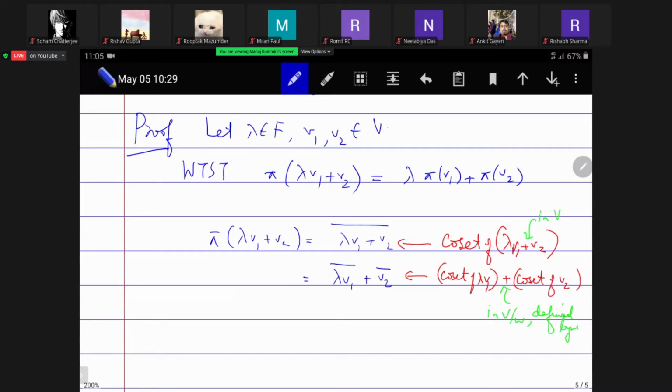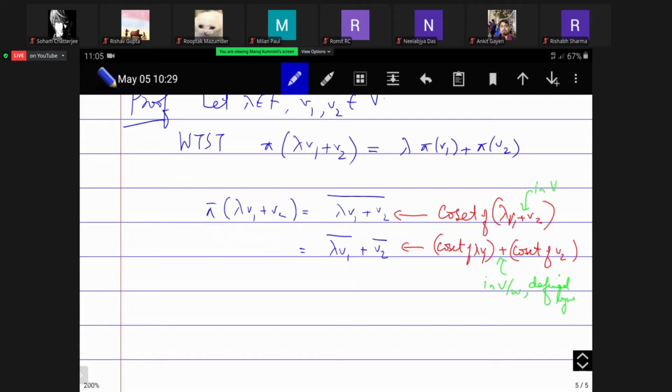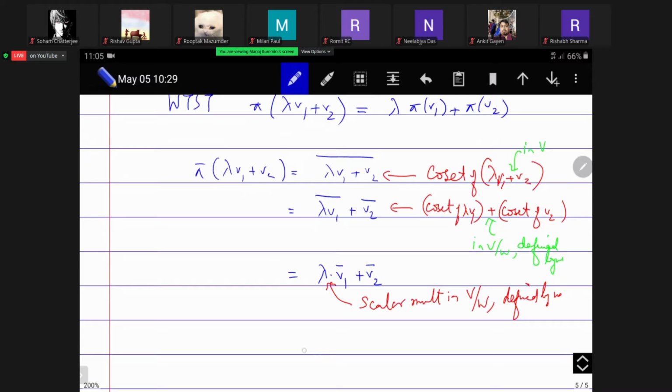Just to repeat, what we need to define is the addition inside V mod W, and that's okay. And this is the same thing as lambda times V1 bar plus V2 bar. So this again is scalar multiplication, defined by us. And this is exactly what we wanted to say: lambda pi V1 plus pi V2.